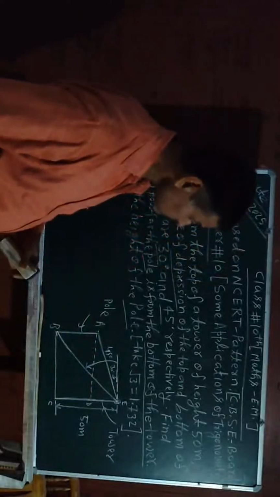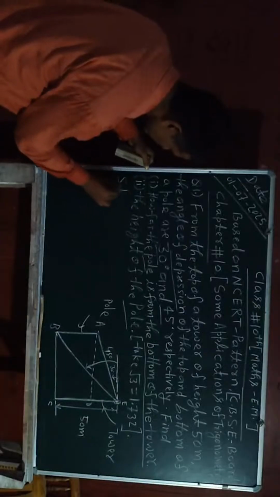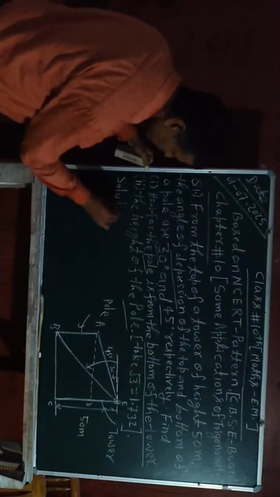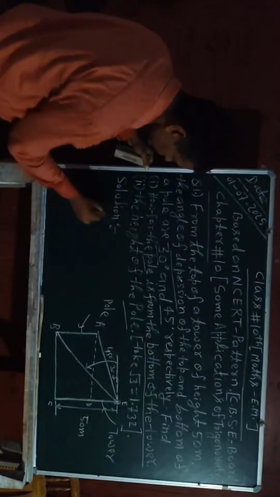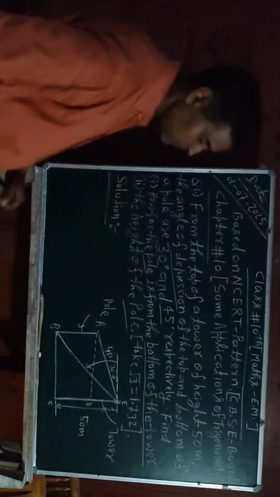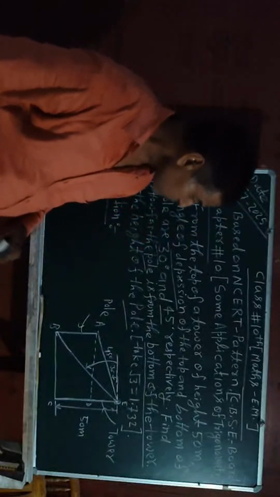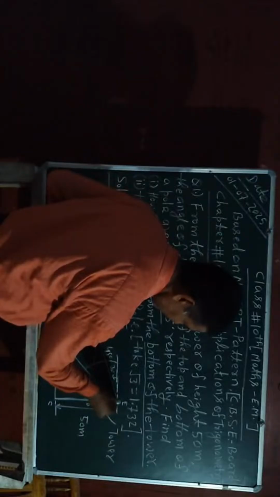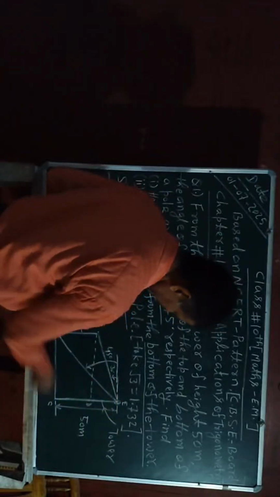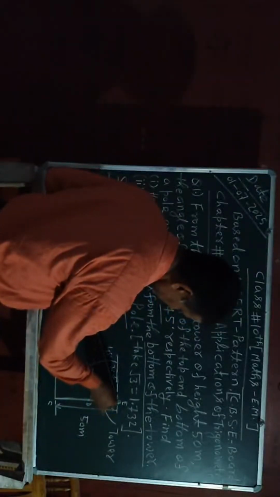Now, first of all, I am going to write the solution. If you concentrate on this video, you will get good knowledge, because each and every concept I am going to explain here properly. Now one observer who is seated at point A is looking parallel to BC, along this line.